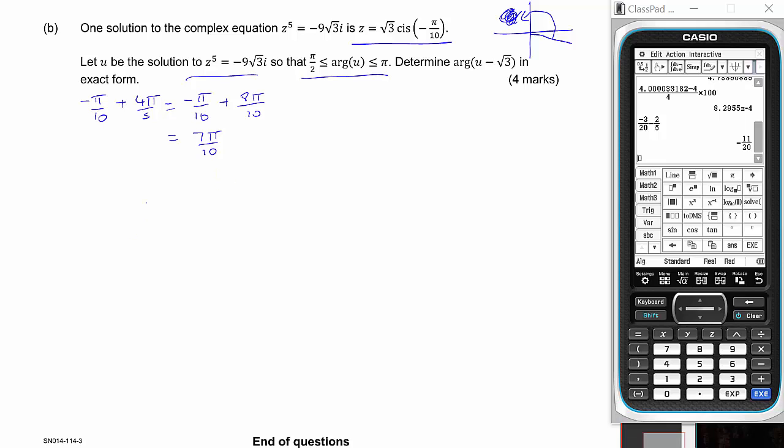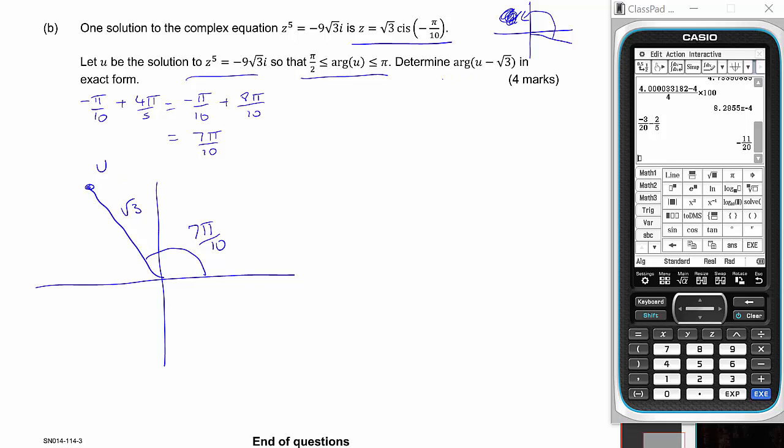So that's the solution that we want, because it's in the right region. So the length of that is root 3, and this angle is 7 pi by 10. And this is where u is.